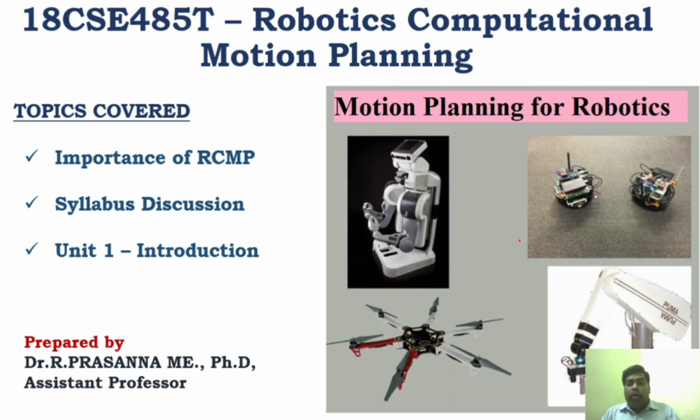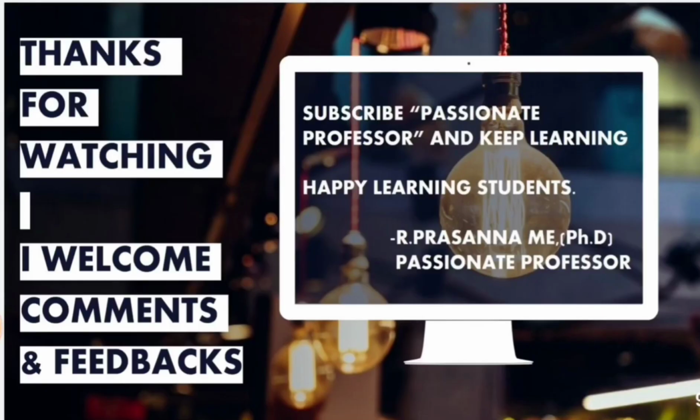Okay, so I believe this will be very useful for you, right? This is a very interesting subject, and I'm sure most of the students will not be listening in the class, but definitely these videos will be very helpful when you are preparing for your exams.